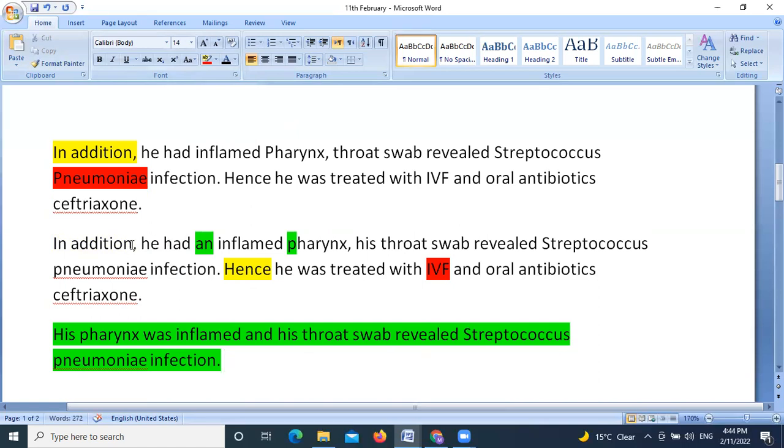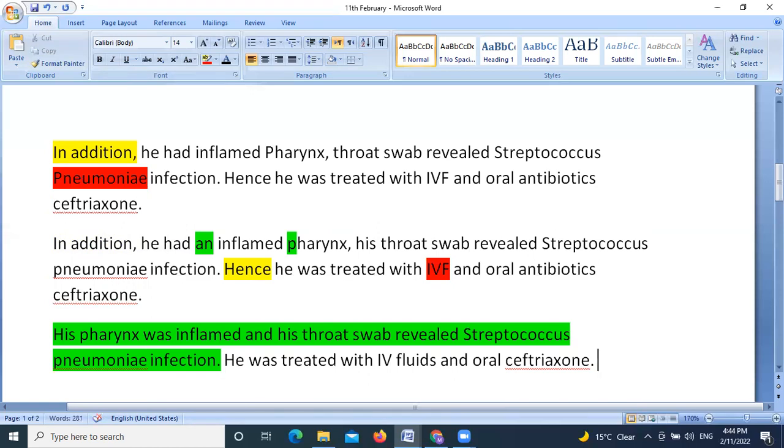If we remove "in addition" from this part, then we can use "consequently" or something like this. So, he was treated with IV fluids and oral ceftriaxone.